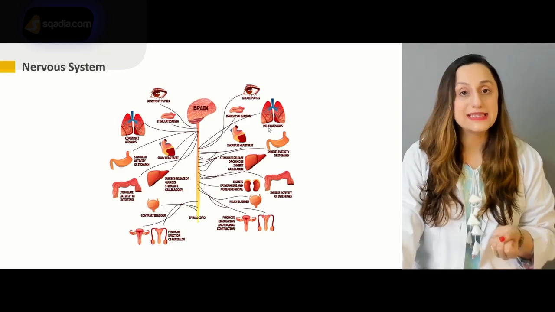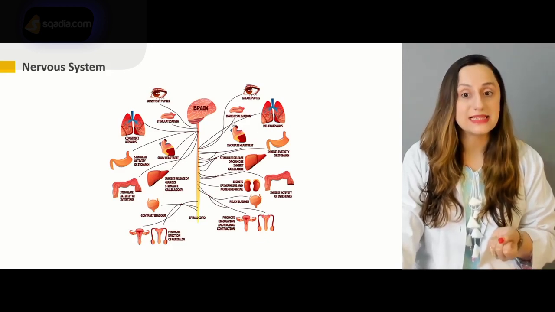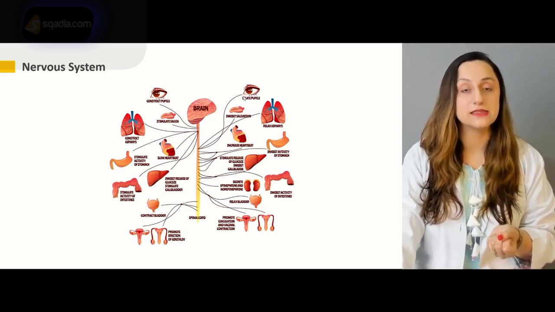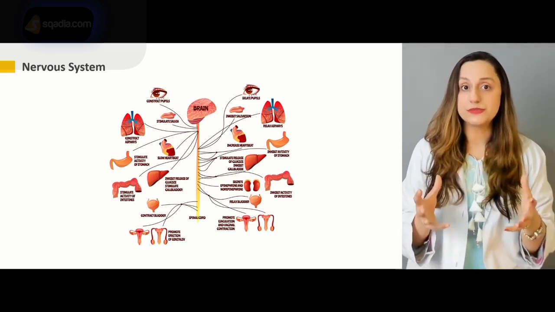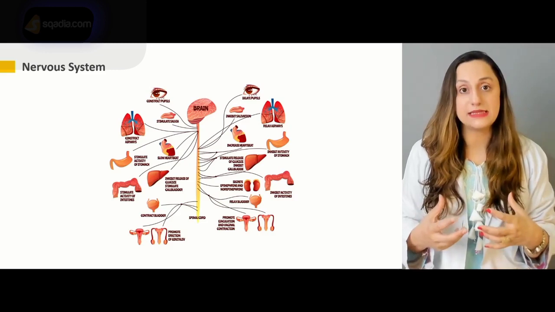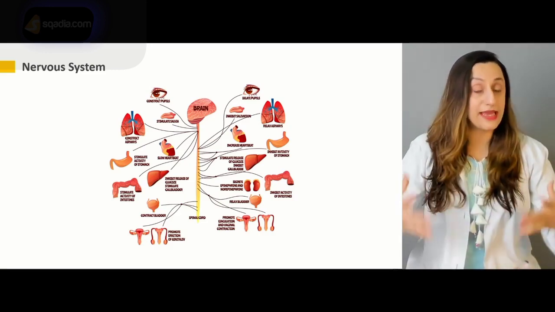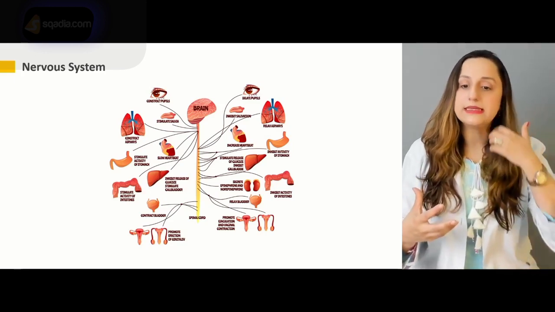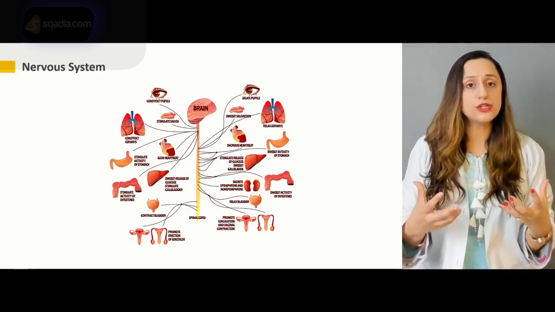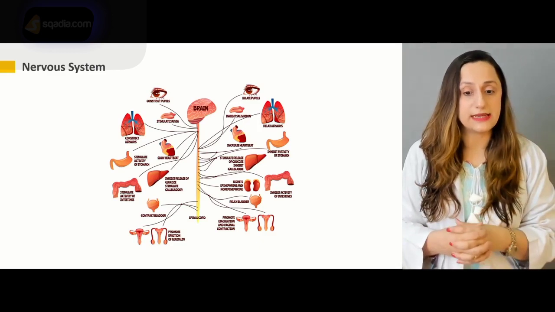They're going to relax the airways. They're going to inhibit the salivation and dilate the pupils. Now, there is going to be a complete picture of an individual whose sympathetics are coming into action. There is a fright and flight response, and the person is ready to respond to any emergency activity that is taking place.